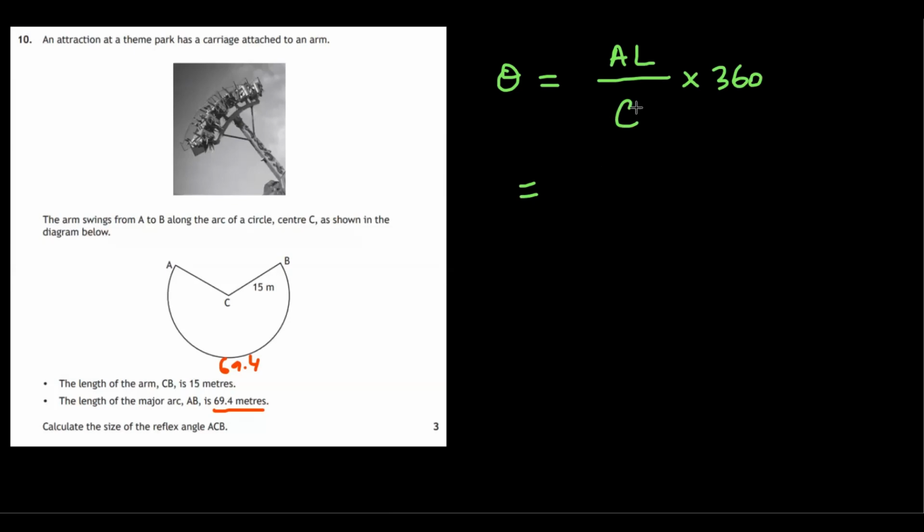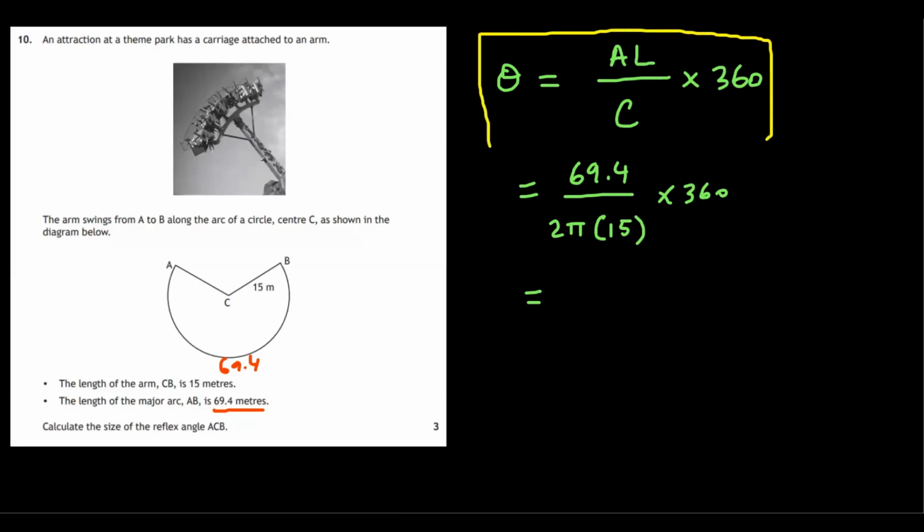And the circumference is just 2 pi r, or you can say pi d in terms of diameter. So that would just be 69.4 over 2 pi times the radius, so that's 15, times 360. And you don't get this in the formula sheet, by the way.